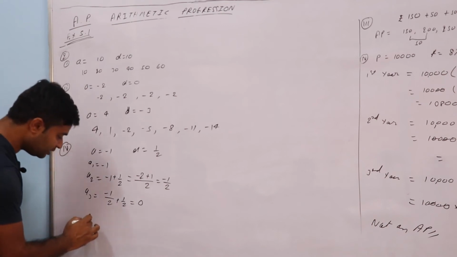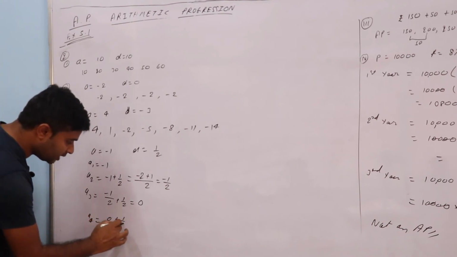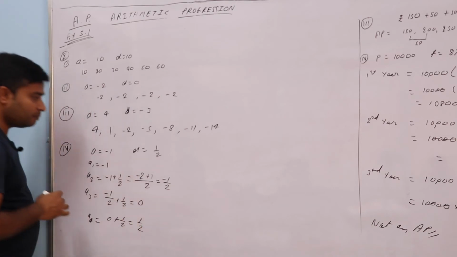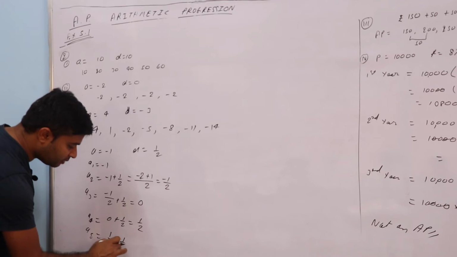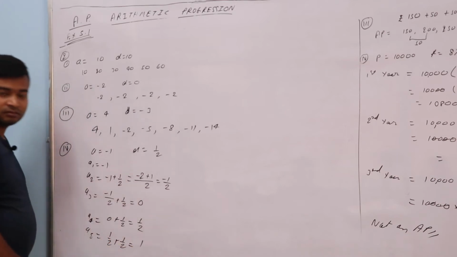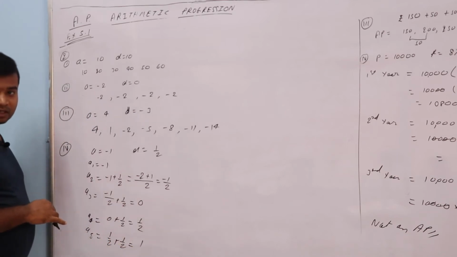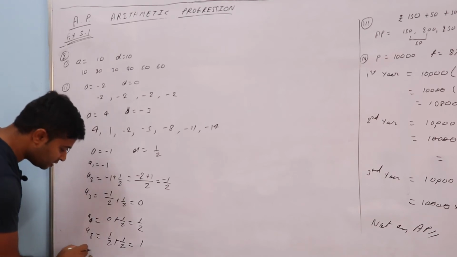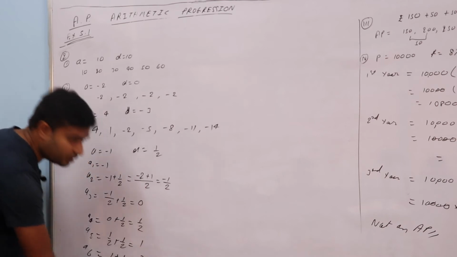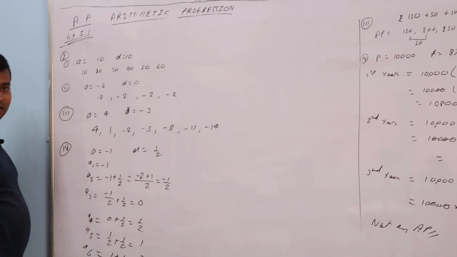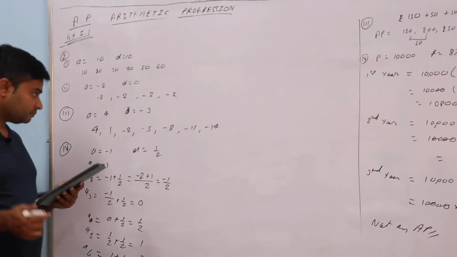Next, A4 is 0 plus 1 by 2, equal to 1 by 2. A5 is 1 by 2 plus 1 by 2, directly 1, half plus half is 1. If asked A6, 1 plus 1 by 2 is equal to 3 by 2. Are you done or not? Yes, sir.